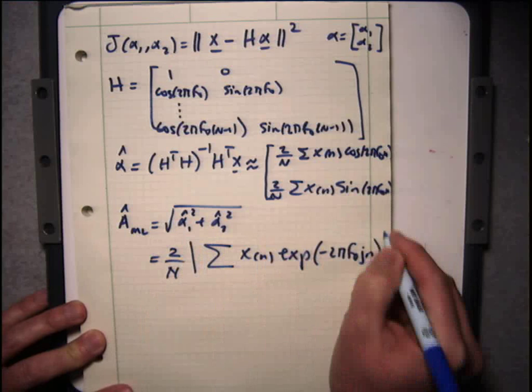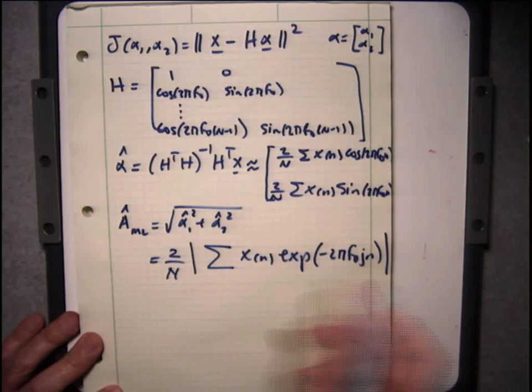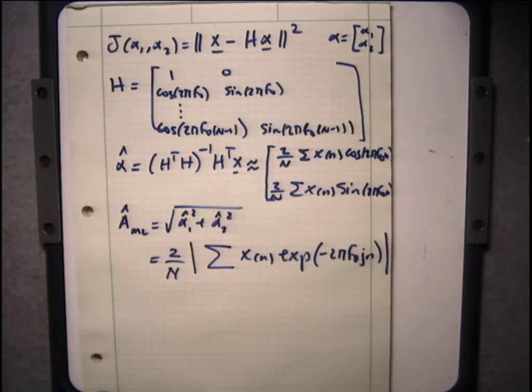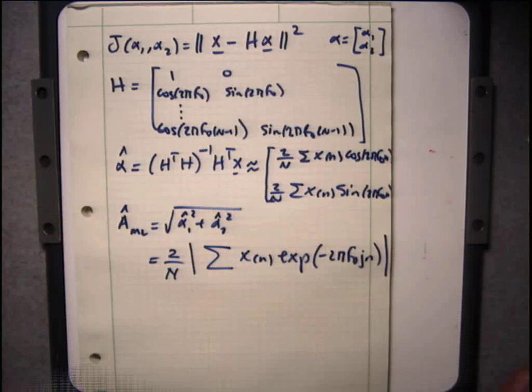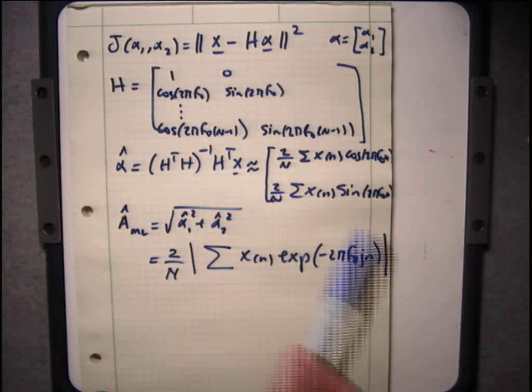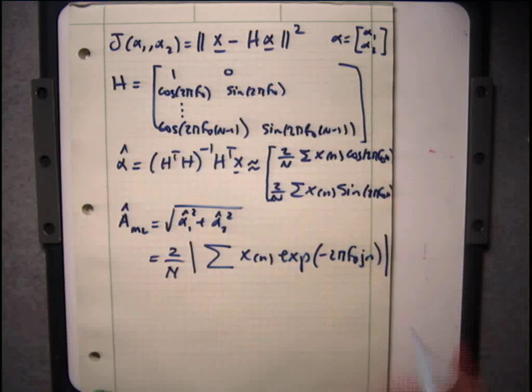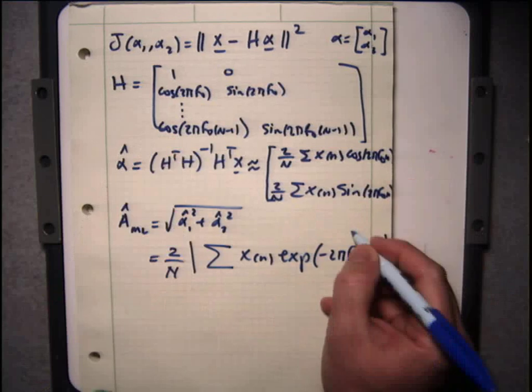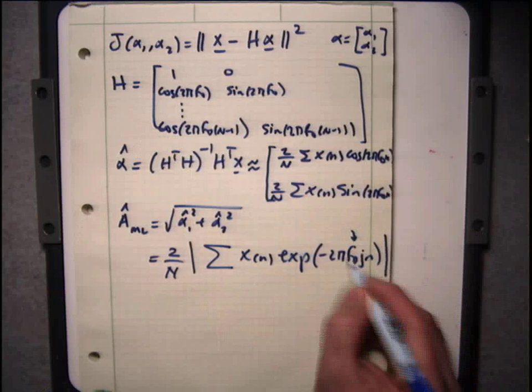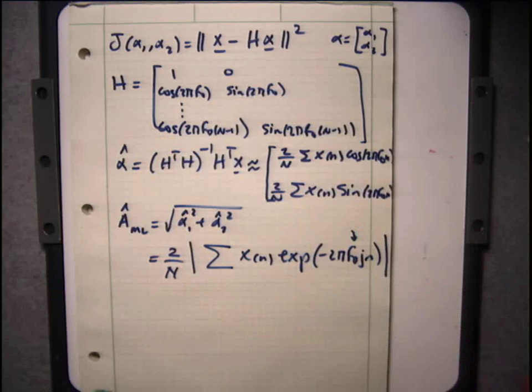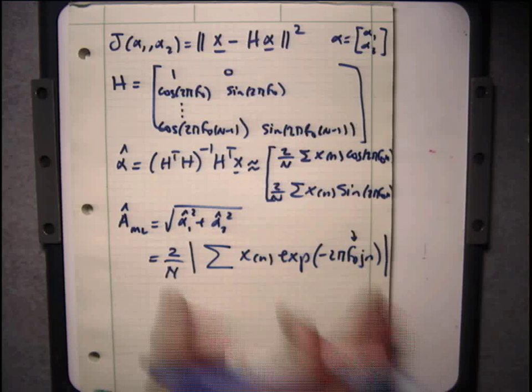So I've just written everything out in terms of complex exponentials, putting together the sine and the cosine. If you take a look at this now, what exactly do you have? What you have inside is the Fourier transform. You have simply the sequence x[n], and you've taken the Fourier transform of it, and you're looking at it at every frequency. In particular, you're looking at it at this f0 where you expect it to be. You're taking the magnitude of that Fourier transform.